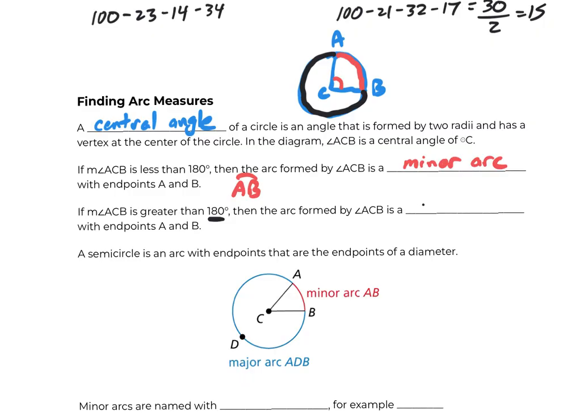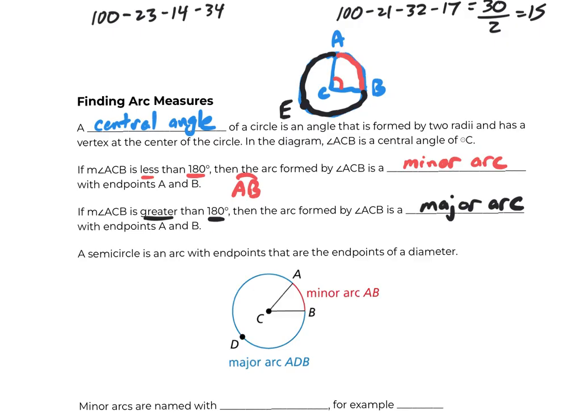A major arc is going to be greater than 180. Okay, so that's where we're going to tell the difference between these two. The way that I name the major arc here, if I put a point somewhere on this circle, let's call this point E right here, and I'm just making that up.